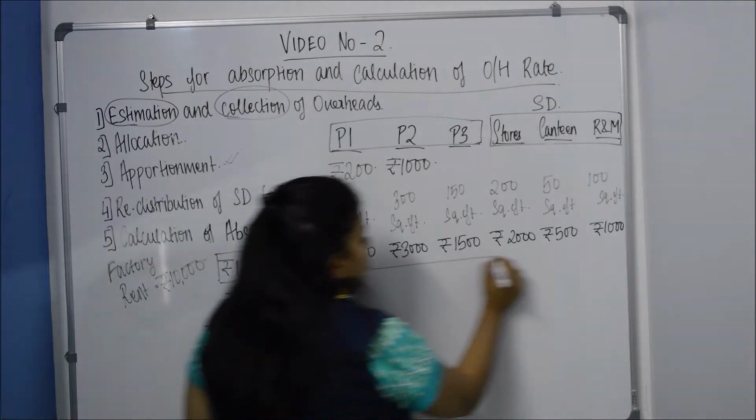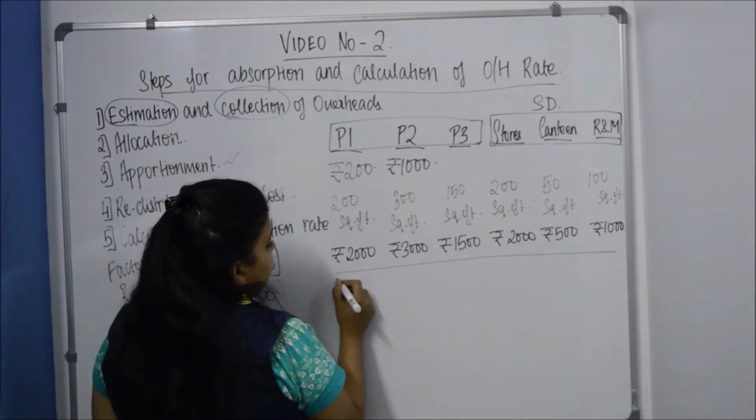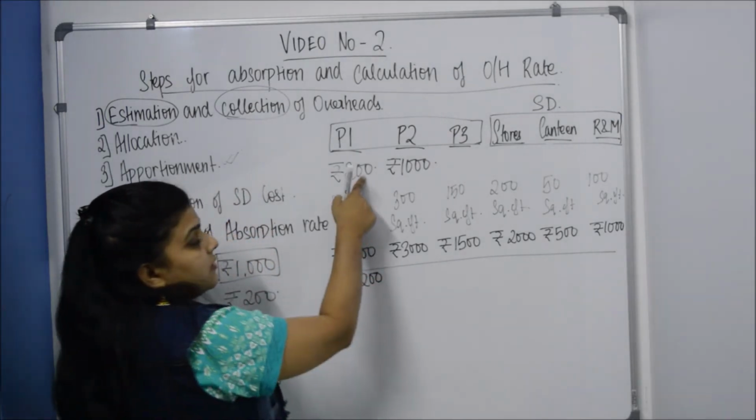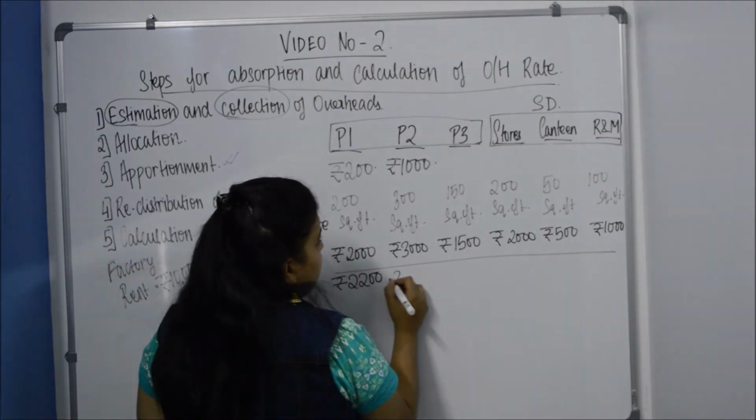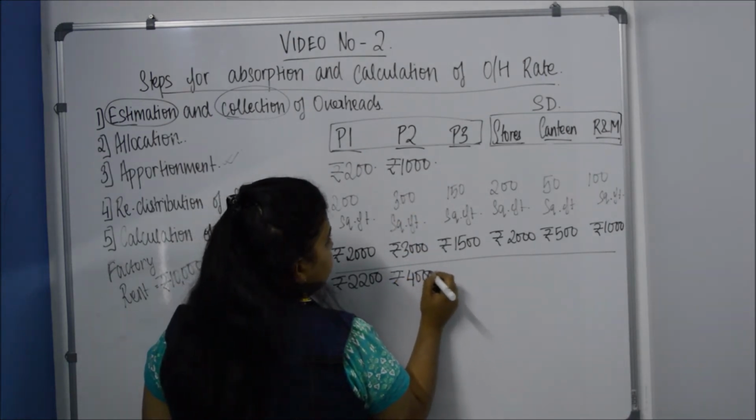So what is the total cost which each department is having? This department is having rupees 2200, 2000 plus 200. This department is having 3000 plus 1000, that is 4000.